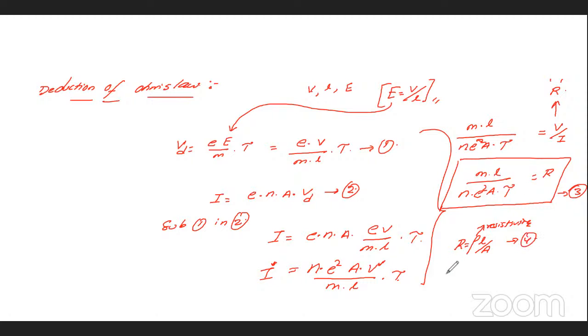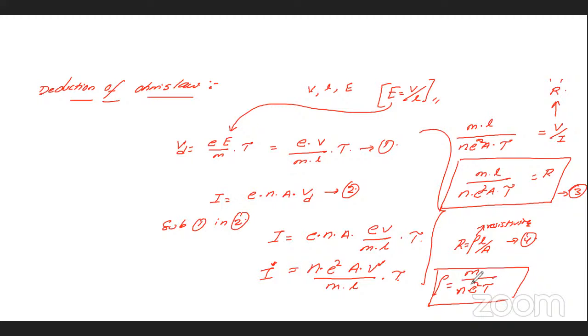By comparing these two relations, with L constant and A constant, rho is equal to m by n e square tau. This rho we call resistivity.